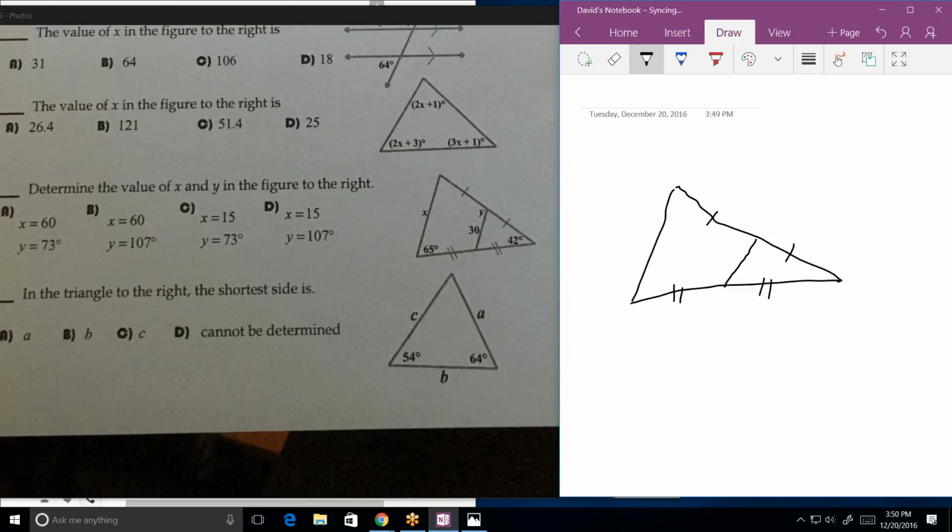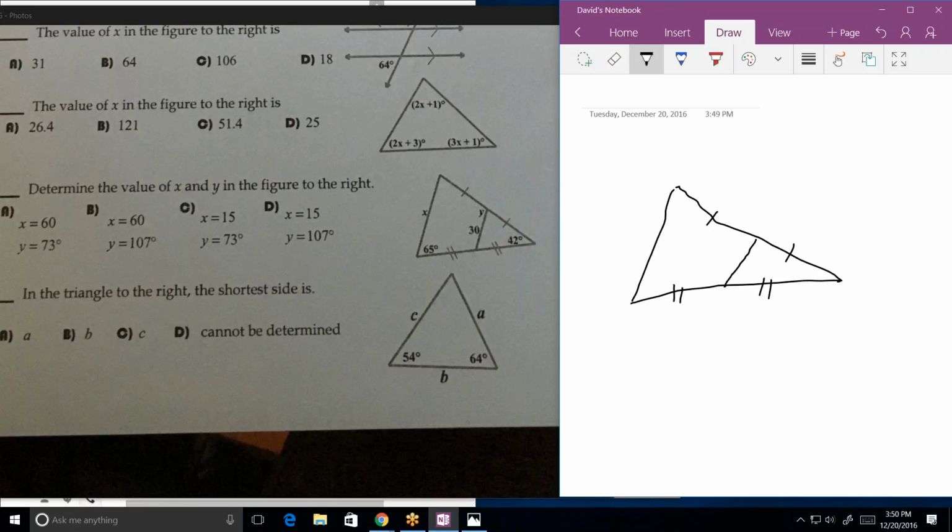And this mid-segment is not parallel to the base. I believe that it is still half the base. So even if, in other words, they don't put parallel signs here and they don't tell you that that's a trapezoid, we don't really have any reason to believe that this mid-segment is parallel to that. I don't think it has to be.